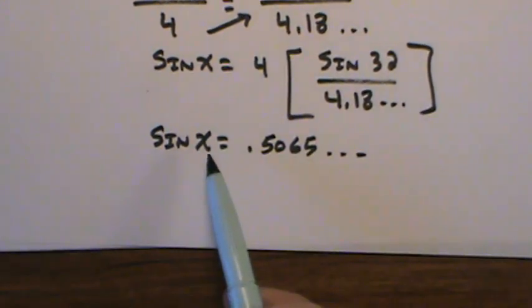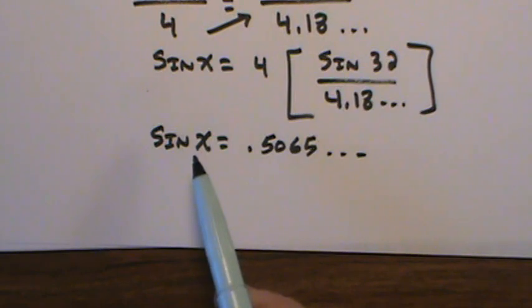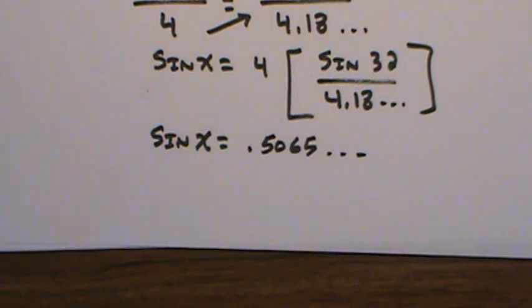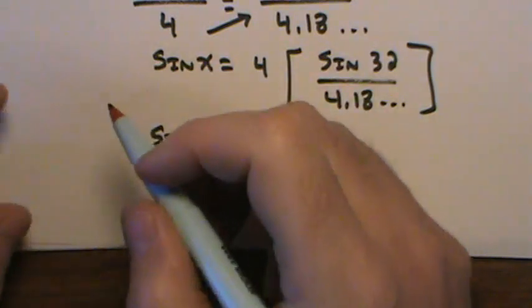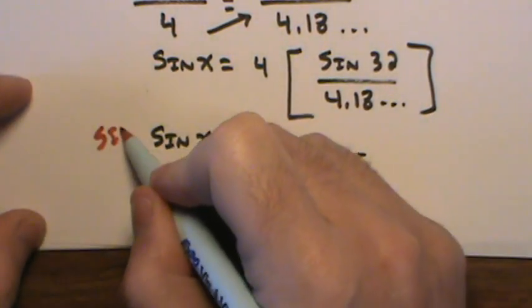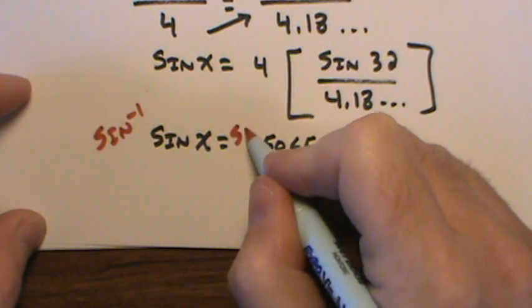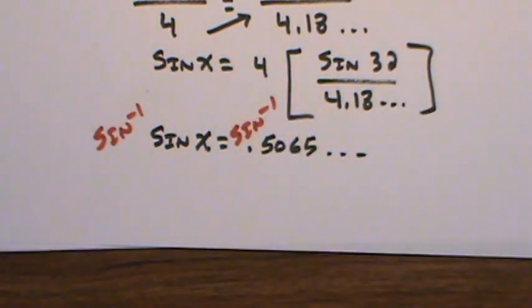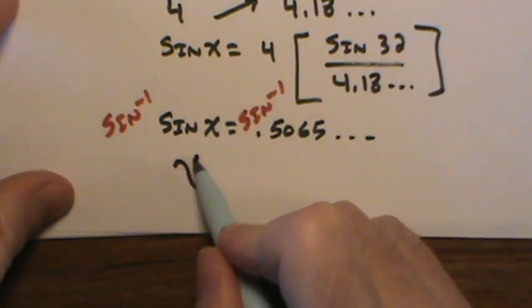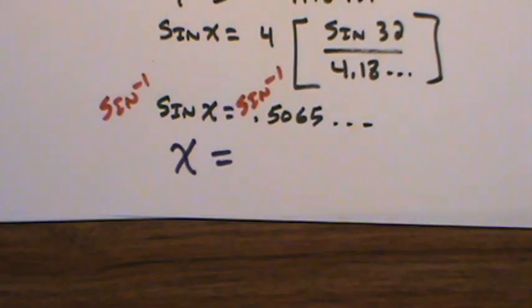But I don't want sine of x, I want x. I want to know the value of that angle. So to undo this, I can do my arc sine or inverse sine. Arc sine here, arc sine there. And this takes me to an x, and I'll simply put that in my calculator.